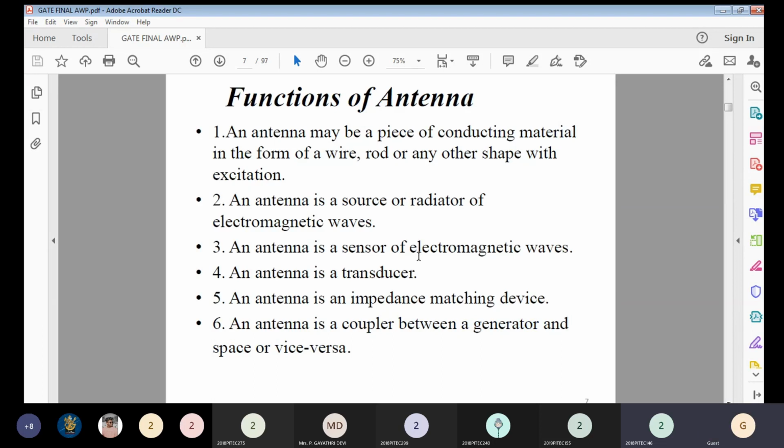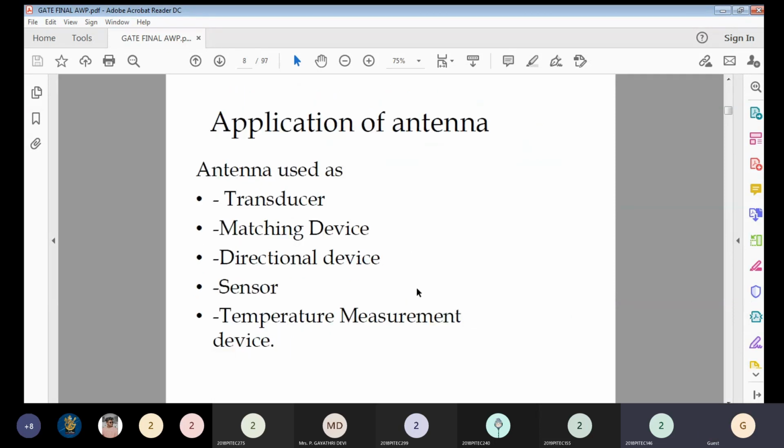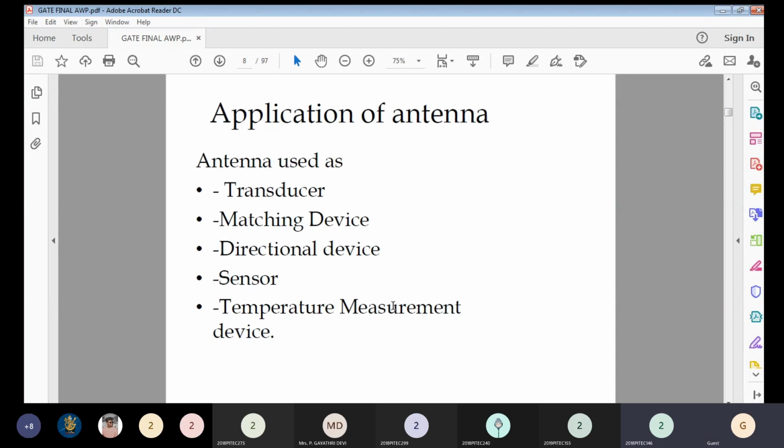I told you, a balancing and unbalancing unit is called a coupler. We have a wide variety of applications. We can use antennas for Wi-Fi, Bluetooth, satellite, and mobile communication. Wherever we use wireless communication, your antenna plays a vital role, as I told you.